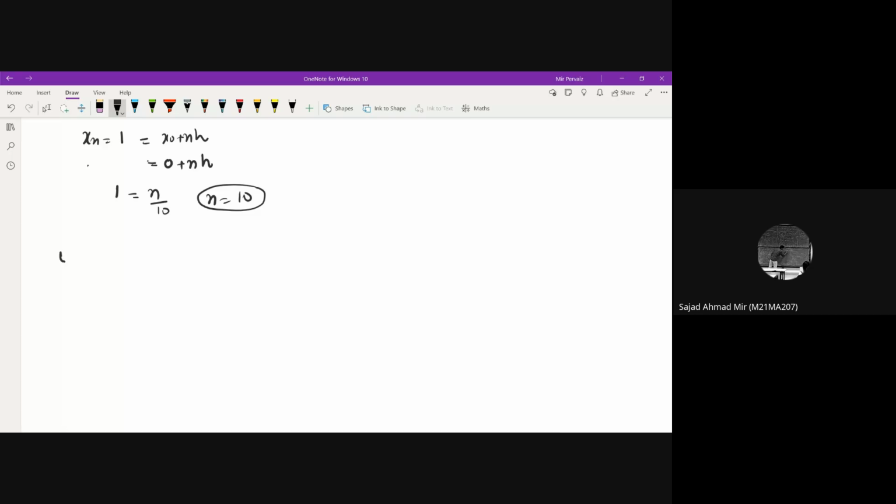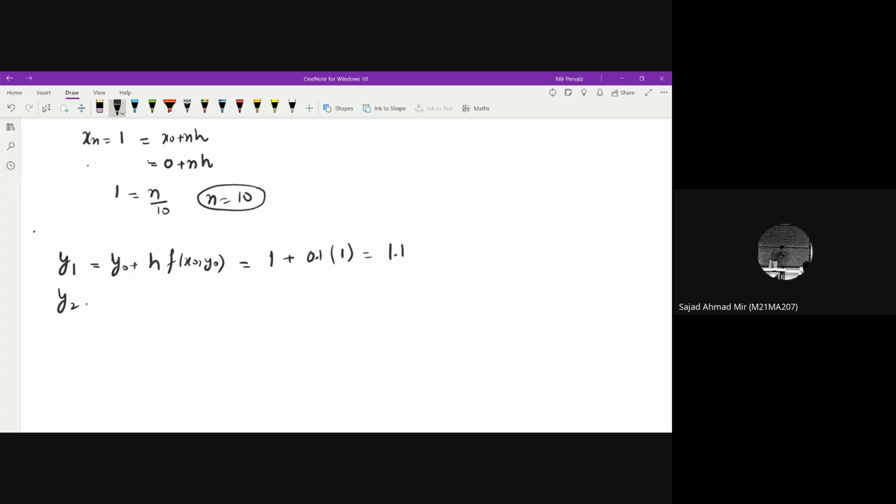Now let's calculate first y1, which is y0 plus h times f of x0, y0, and if I substitute the values, 1 plus 0.1 into my x0 is 0, y0 is 1, this will be 1, and you will get the value of 1.1.